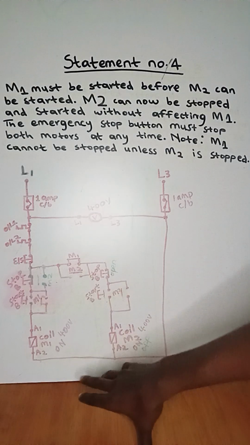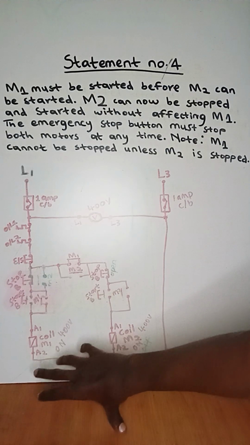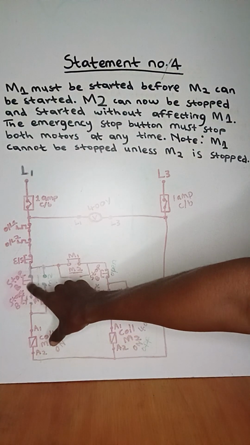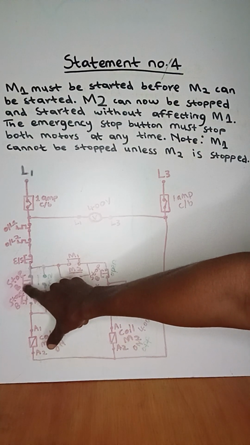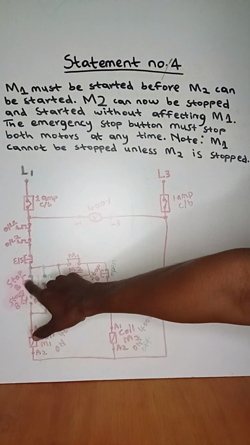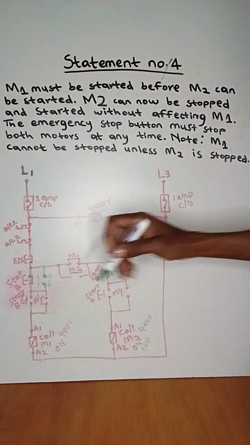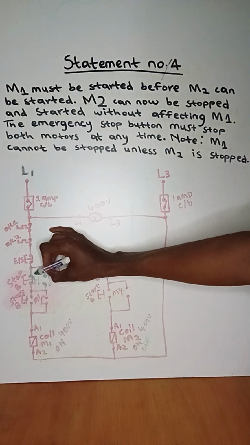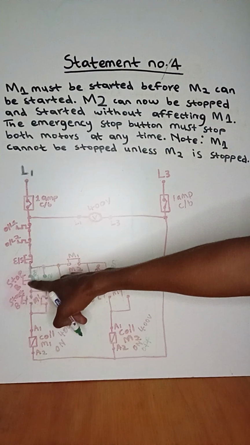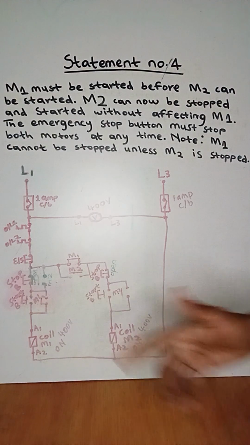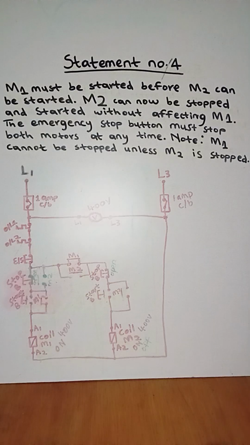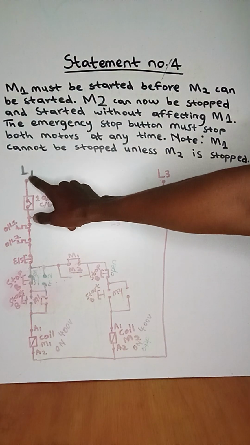But let's check if motor 1 can now be off, since we have stopped motor 2. This is the stop button of motor 1. So I'm pressing the stop button of motor 1. It creates open contact here. And when it creates open contact, everything after the stop button will not get the live current from live 1.